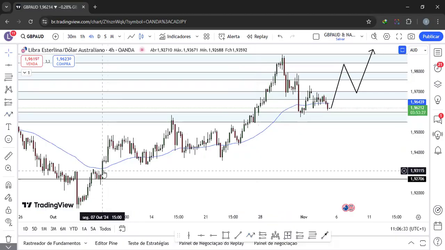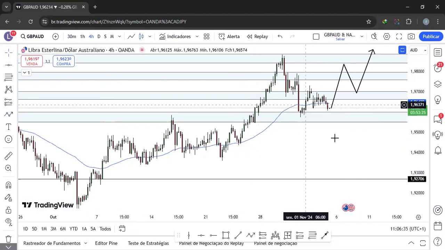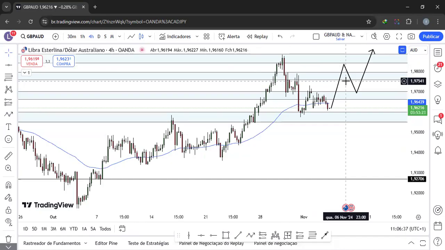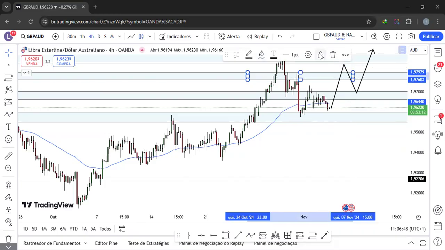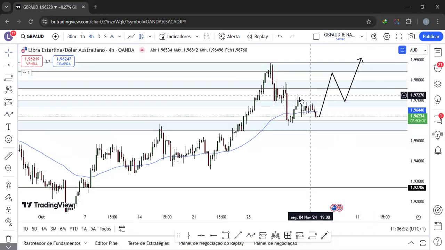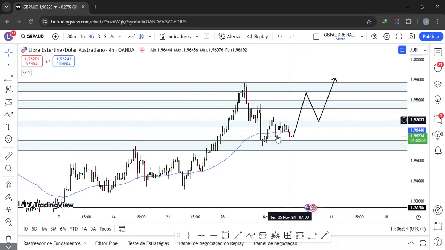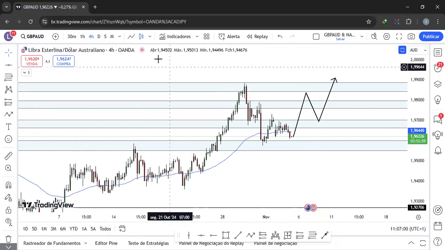I use this moving average as a dynamic support or dynamic resistance, and I expect to see the market break up through it. After retracing, if it touches the moving average, we can consider this a support, but on the 4 hour time frame.